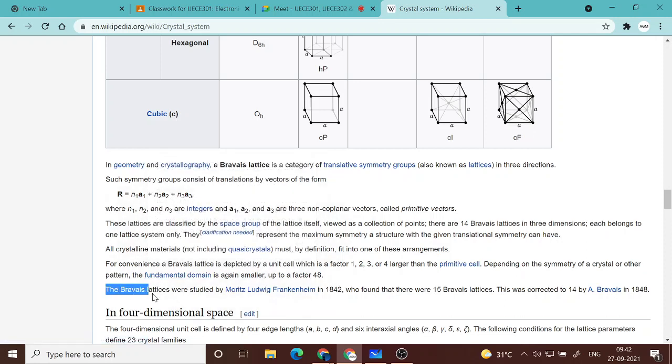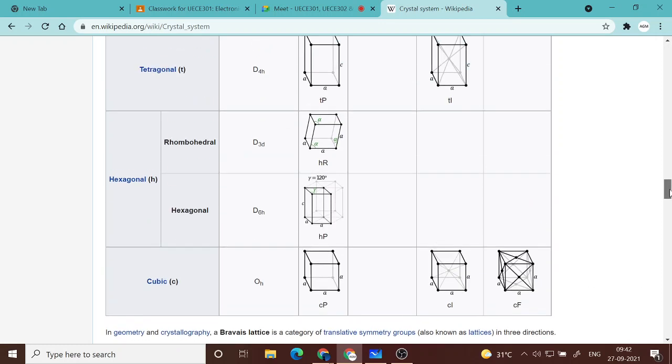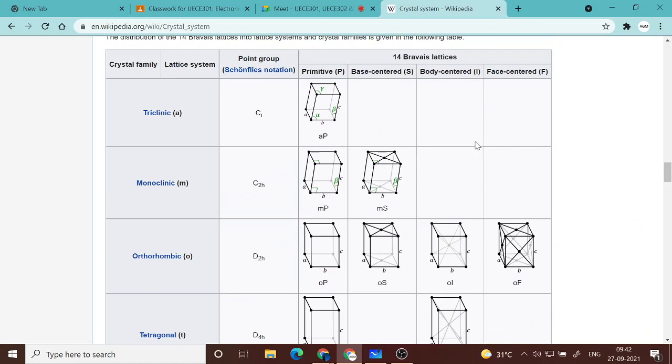The Bravais lattice was studied by Frankenheim in 1842, who found that there were 15 Bravais lattices, but this was corrected by Bravais, that it is not 15, it is 14. So two of them were over counted. So these 7 systems have different ways of lattice point arrangement, but not all of them are unique.